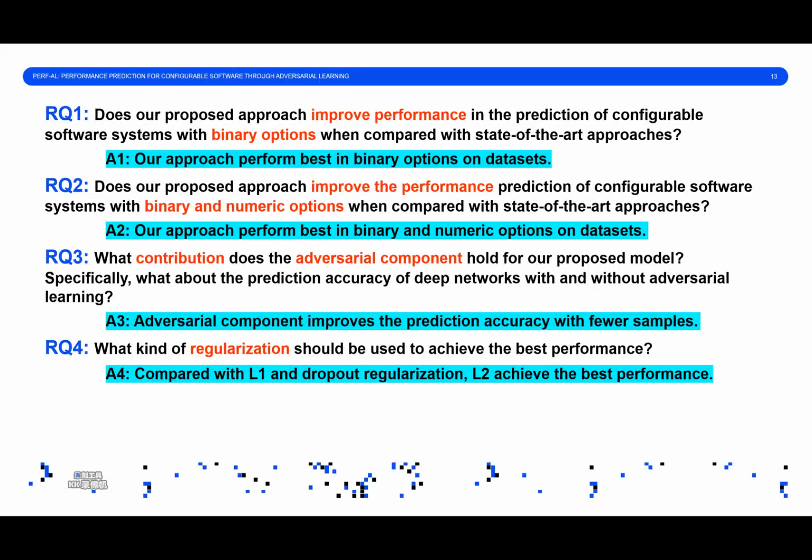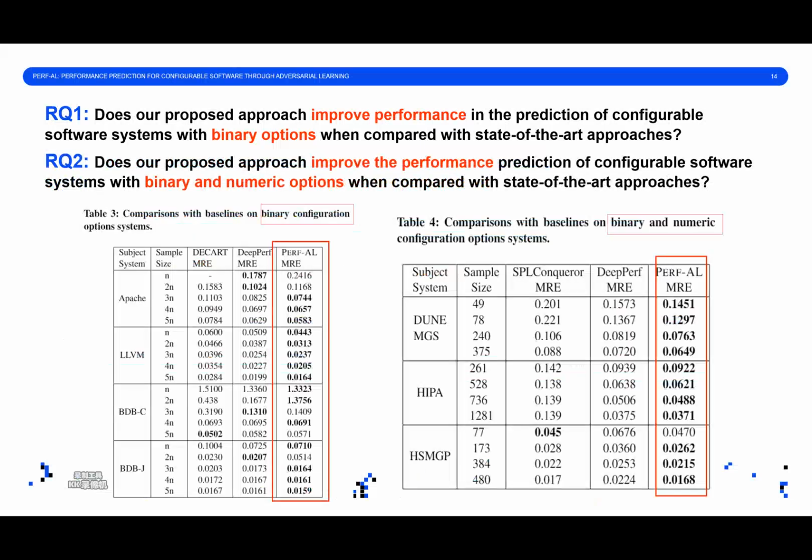The answer is that the adversarial component improves the prediction accuracy with fewer samples. The last question is: what kind of regularization should be used to achieve the best performance? The answer is that compared with L1 and dropout regularization, L2 achieves the best performance in our experiment.